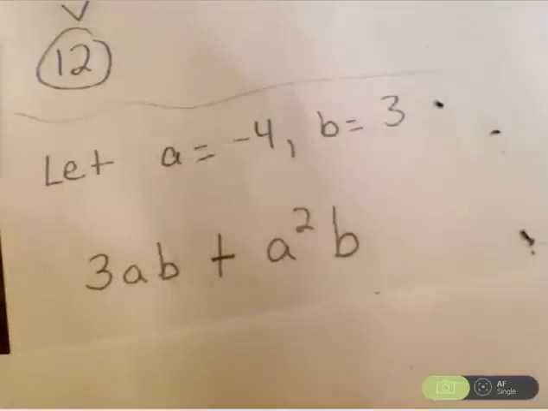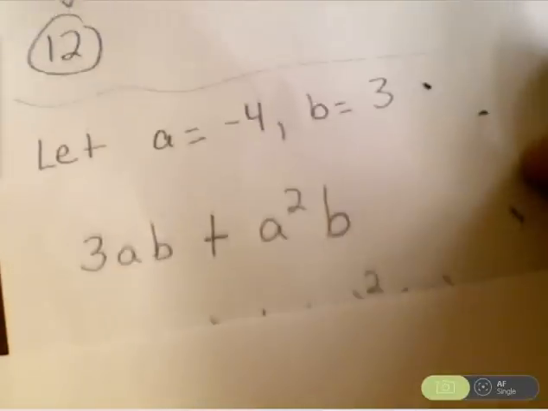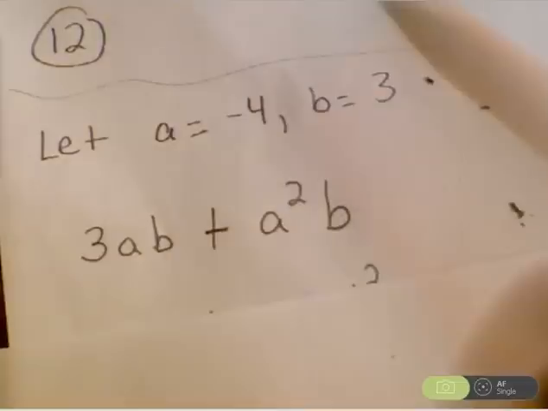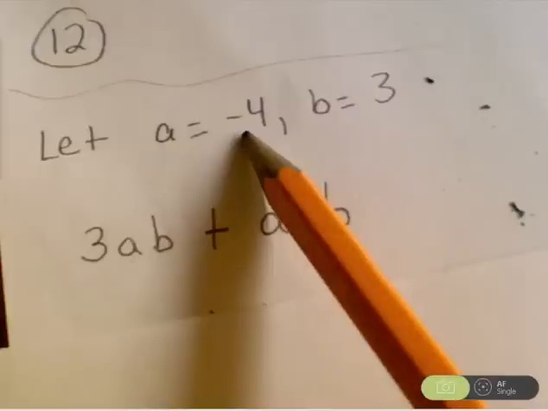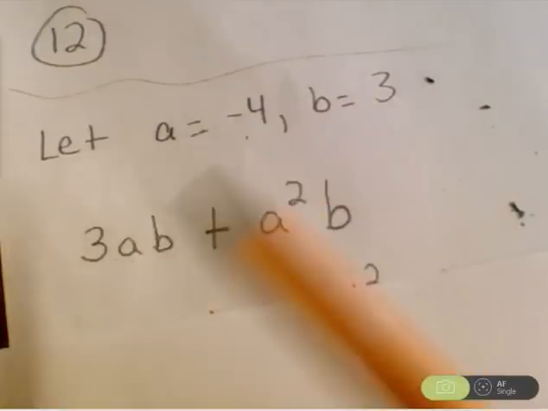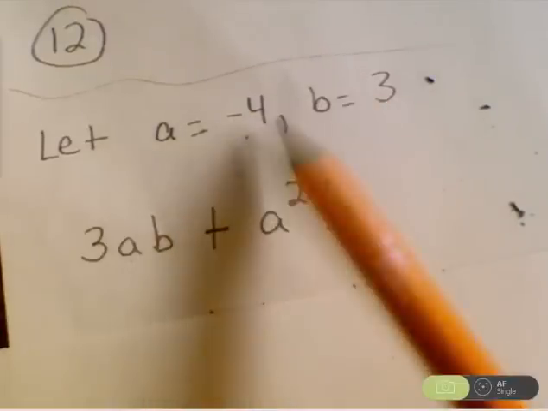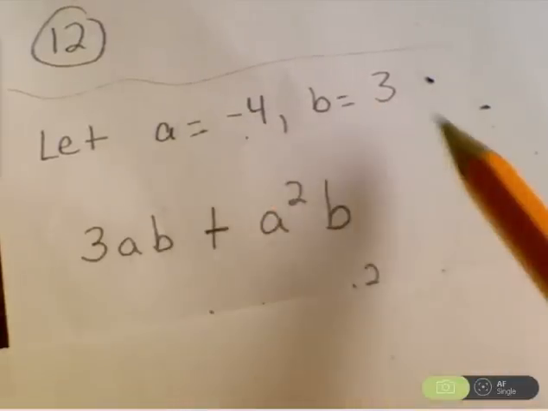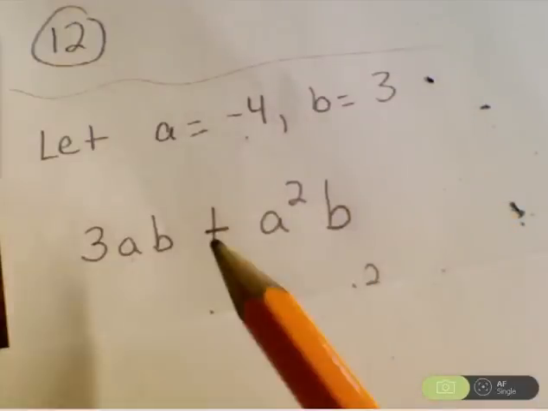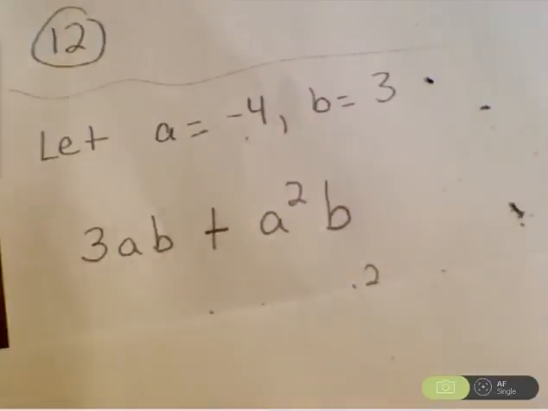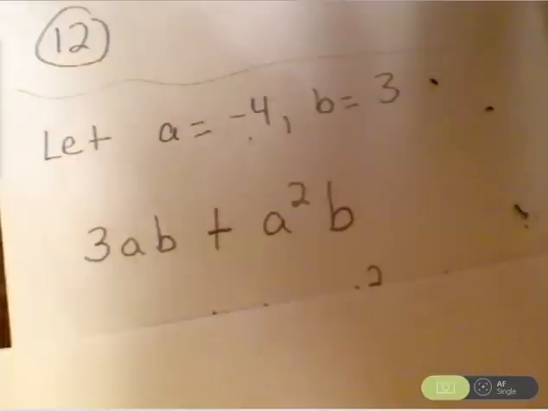Moving on in the problem, any place we see an a we are going to replace it with negative 4. That's what they tell us a is in this problem. They tell us that b is 3, so any place we see a b, we're going to replace it with 3. So here's what the problem looks like.